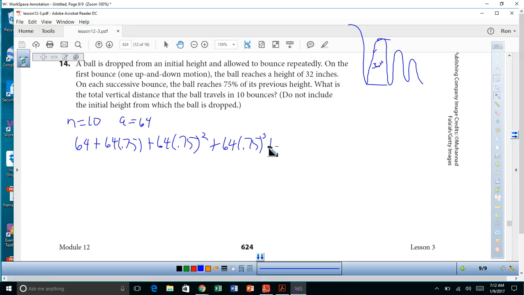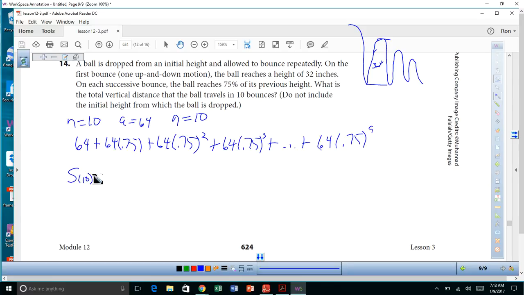And then it kept on, and that would have been 64 times 0.75 to the ninth power. Because remember, this is 10. So n equals 10. Now see where this formula comes in handy? So I don't have to write them all out. It follows that pattern.